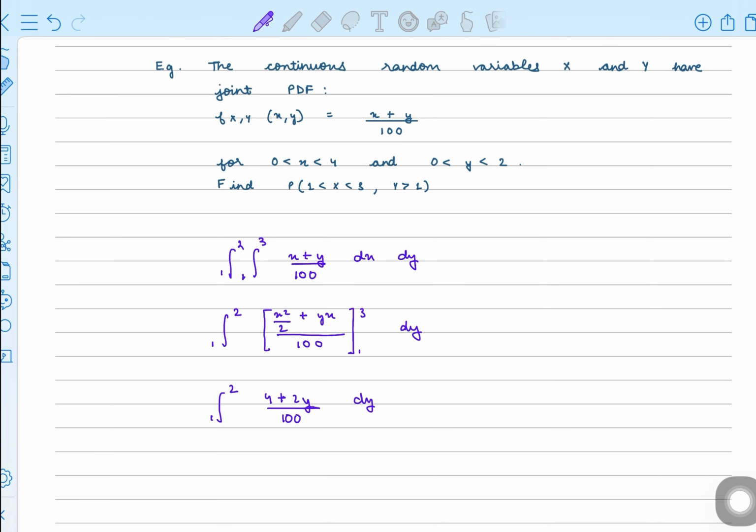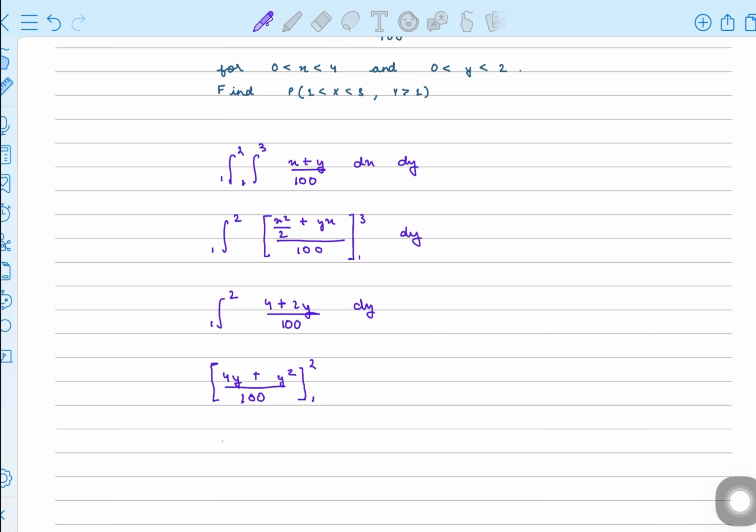Now, we integrate over the range of y. This gives us our final answer.